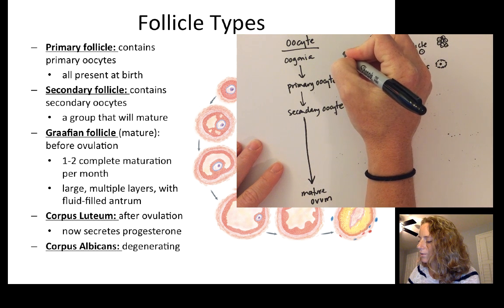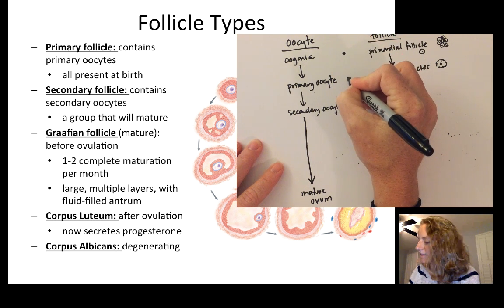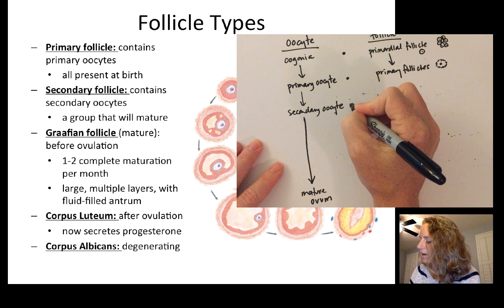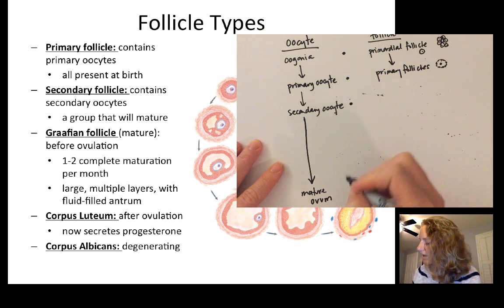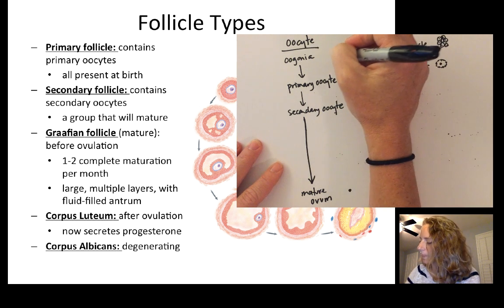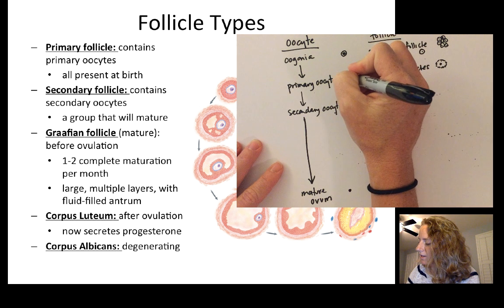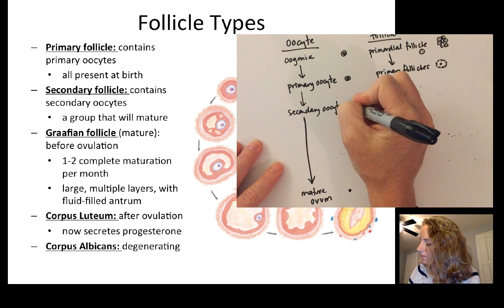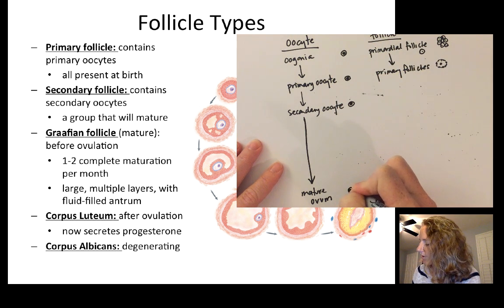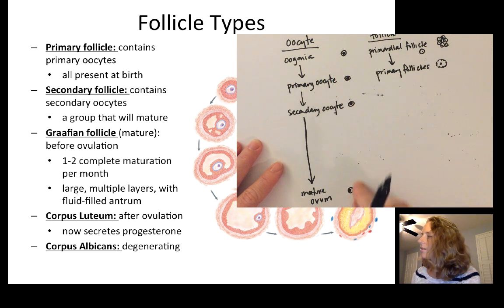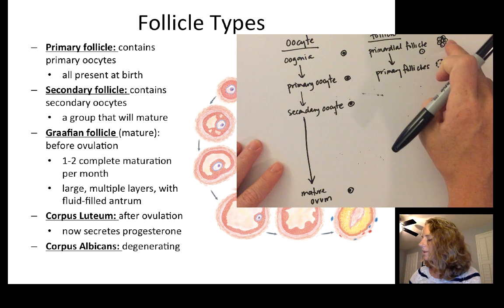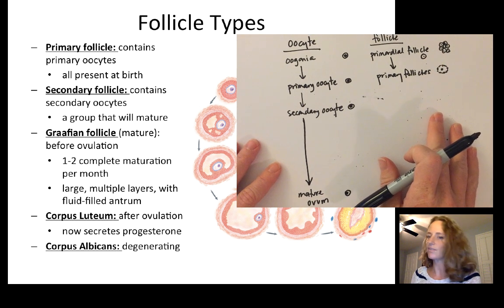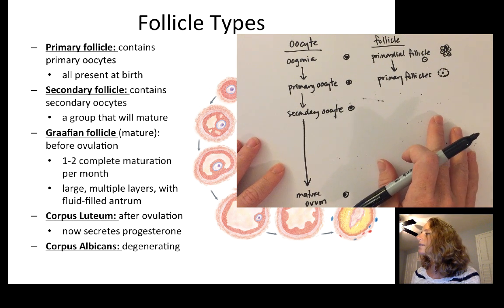As we go through the oocytes, primary, secondary, mature, they are very tiny cells relative to the follicle, and they are not going to look that much different as we go through. It is the follicles that look different that you will be able to recognize.